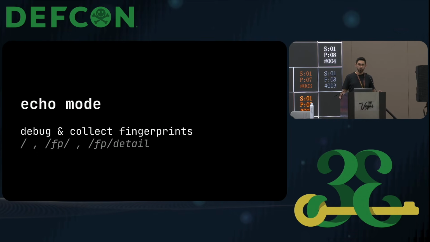There's an echo mode. If you want to generate a data set of fingerprints, you can run the tool in echo mode, like finch echo, that's it. If you hit the root, you will see a nice UI showing you all the fingerprints for your client. If you hit /fp, you get the raw fingerprints in JSON format.